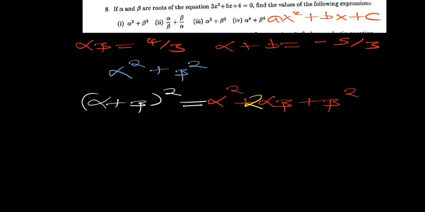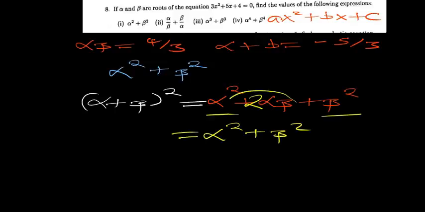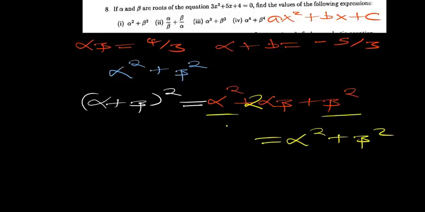So we can actually group this one and that part: alpha squared plus beta squared. Now this part is not. So we can take it to the other side, or rather add the additive inverse on both sides. So we have alpha plus beta squared on the left hand side minus 2 alpha beta.